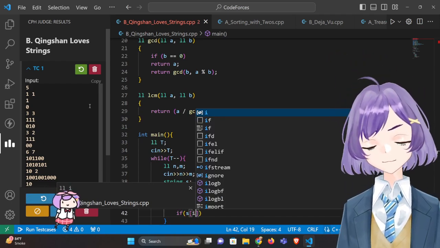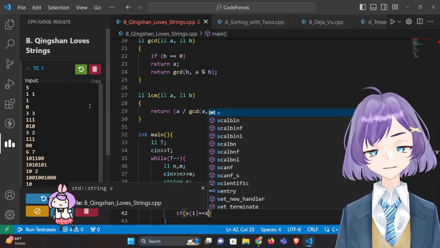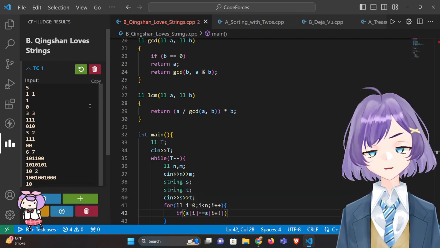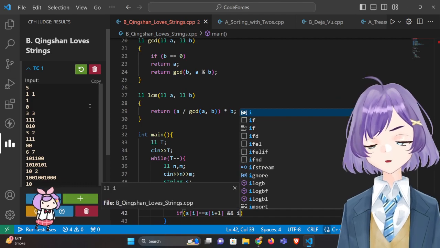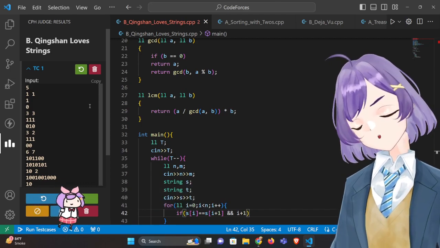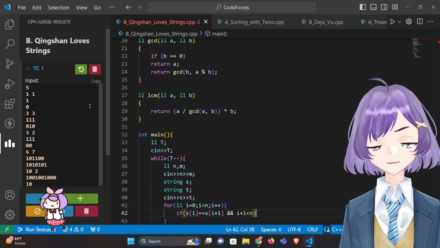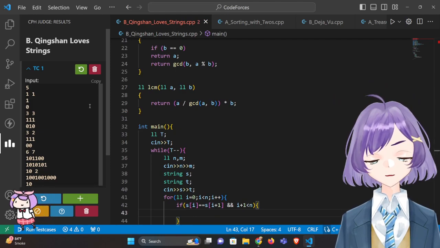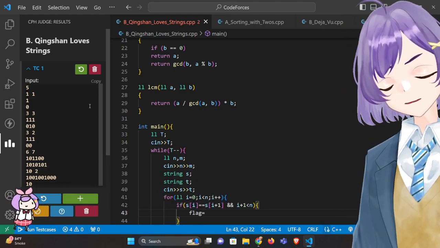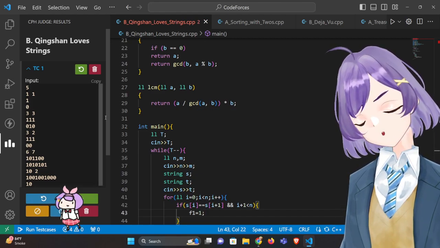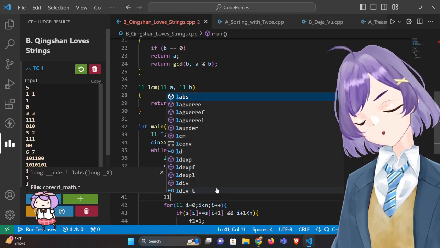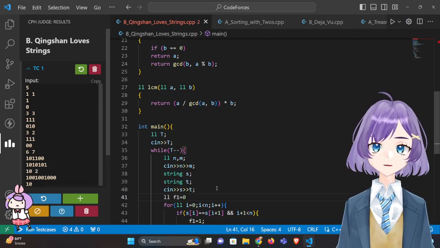If S of i is equal to S of i plus 1 and i plus 1 is less than n, flag 1 equals 1. Long long flag 1 equals 0.